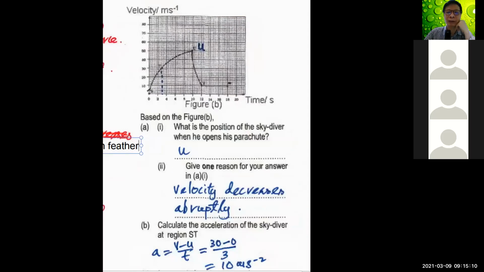Initial velocity is 0. The time taken was 3 seconds. This is a curve, and on a curve we cannot find the gradient, so don't find the gradient. Use the formula: final velocity minus initial divided by the time. Final is 30, initial 0, time taken 3 seconds. So you get 10 meters per second squared, which is correct, because gravity is very close to 10 meters per second squared, correct?